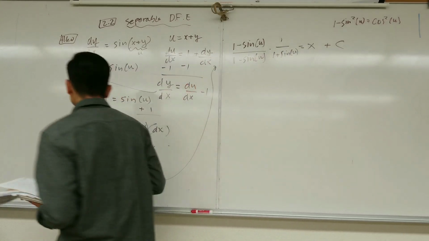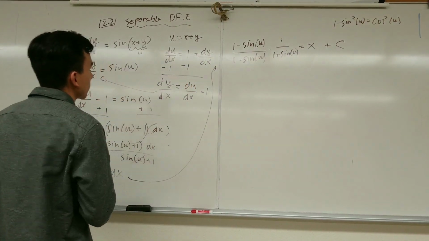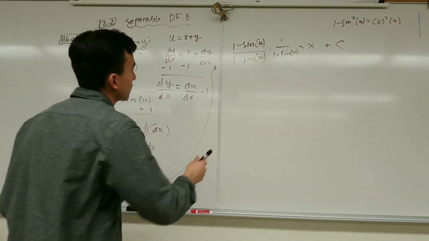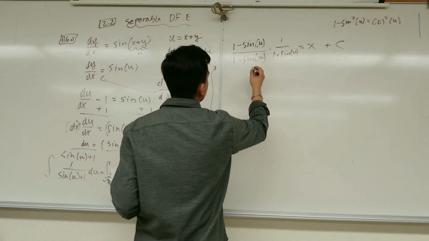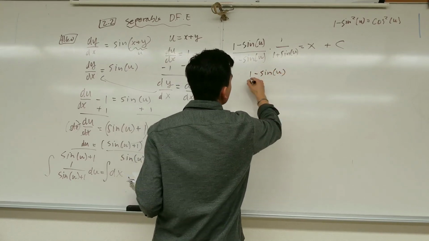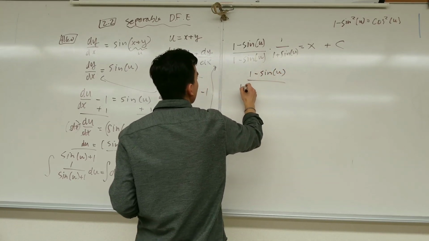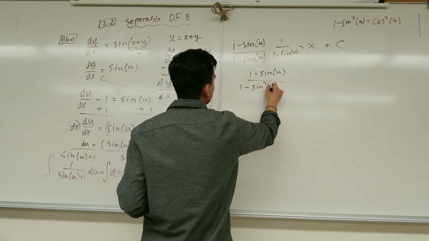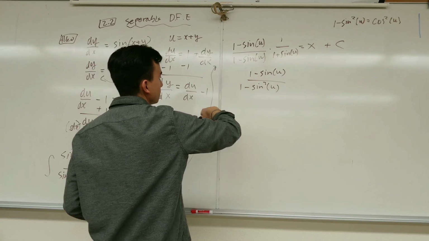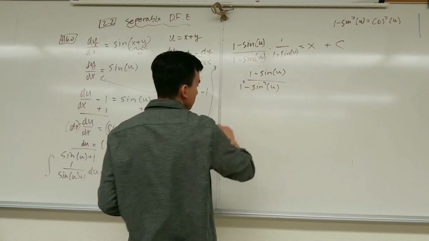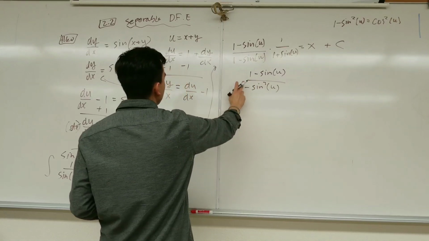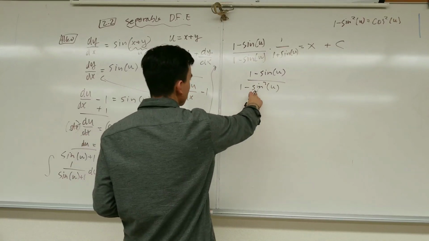Now that guy's pretty important, especially in this problem. Because if you look here, we're going to get 1 minus sine u over 1 minus sine squared u. And this is just the difference of squares. So we have 1 squared, which is just 1, minus the sine squared of u.